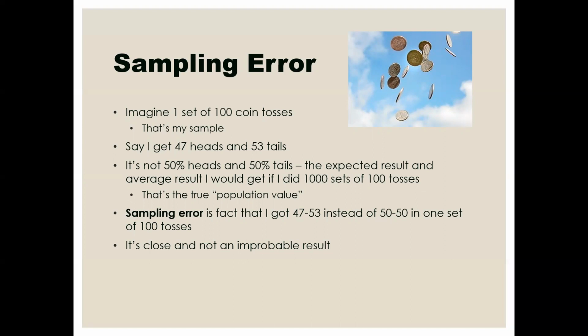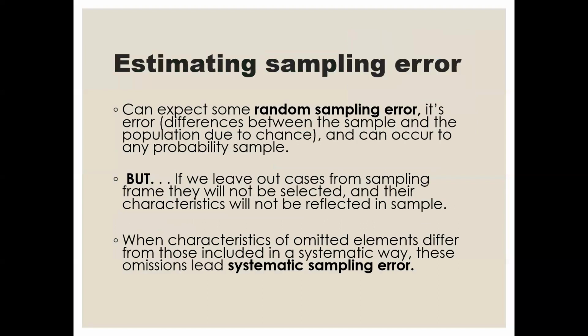So it means that my sample does not match the population, but it's pretty close, right? So this idea is to tell you that even if you're drawing a sample in a very methodical way, it may not be 100% representative of the population. And again, we can expect some of it, right? We're human and these things happen, but we have to find ways to avoid systematic sampling error.